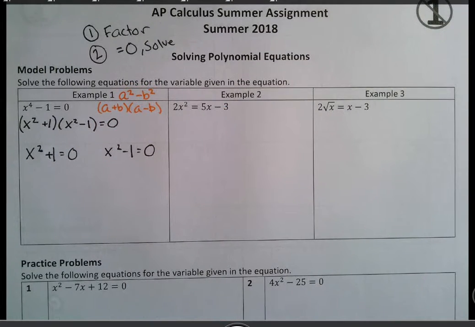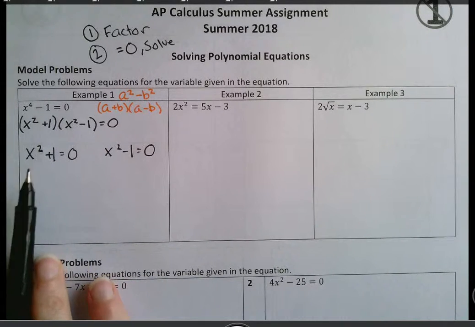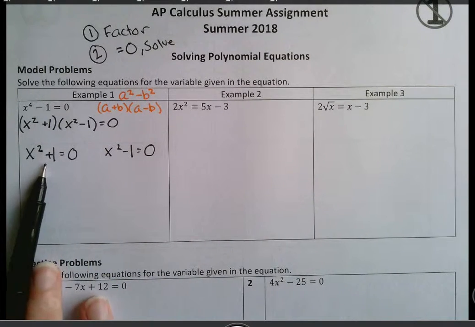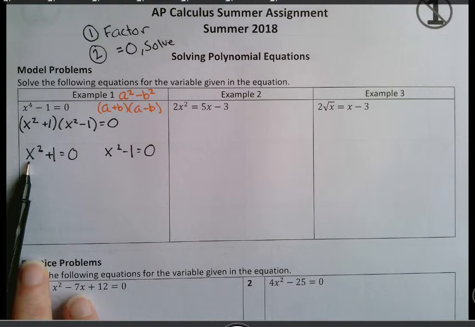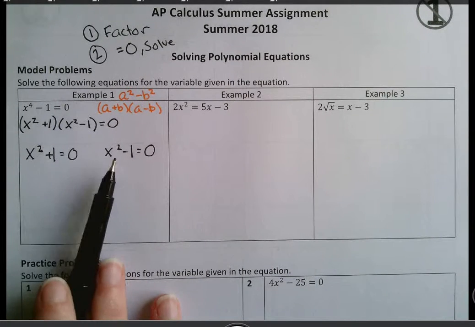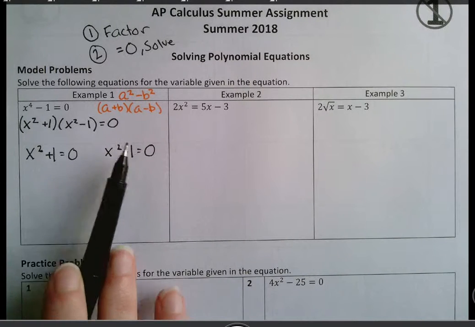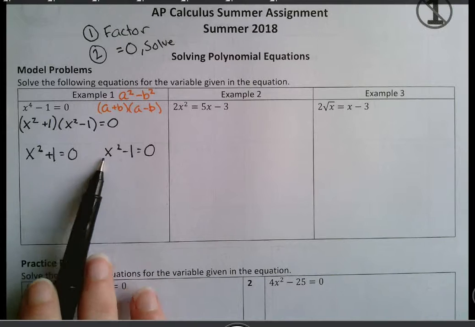So from here, what we're going to do is, we still have an x squared, we can factor again. But x squared plus 1, there's nothing that I can square to get a negative number if it's going to be real. So this one actually has no solution here, so I can ignore this one and come over here and say, okay, this x squared minus 1 follows our same rule as up above, except our x value is a instead, but our b is still 1.